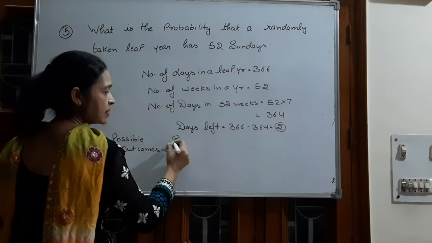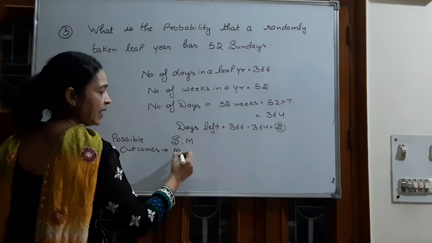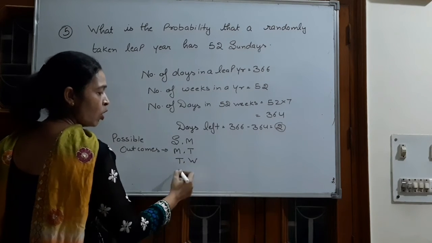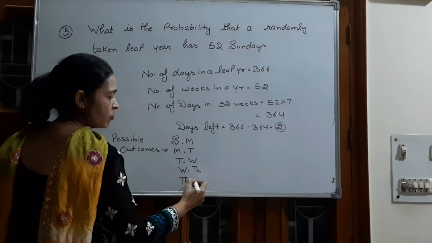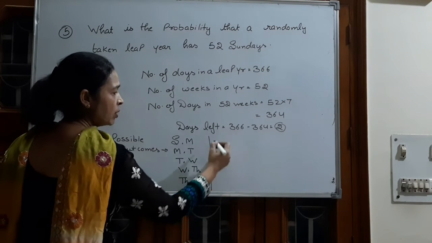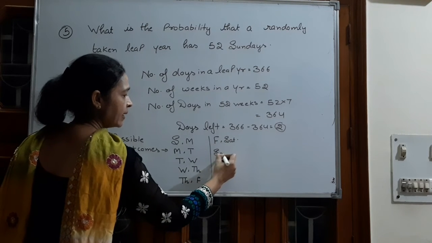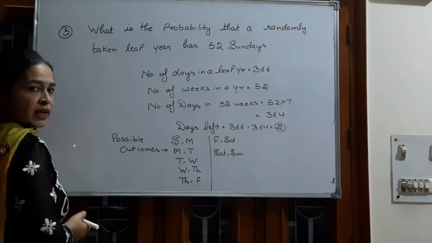Either it is Sunday and Monday, or Monday and Tuesday, or Tuesday and Wednesday, or Wednesday and Thursday, or Thursday and Friday, or Friday and Saturday, or Saturday and Sunday. These are the possible outcomes.